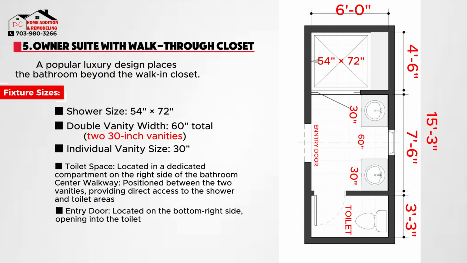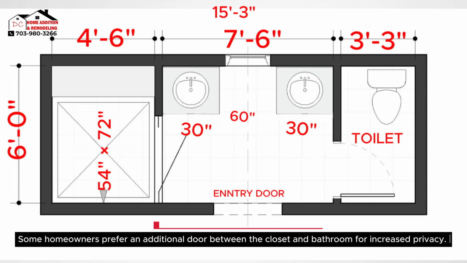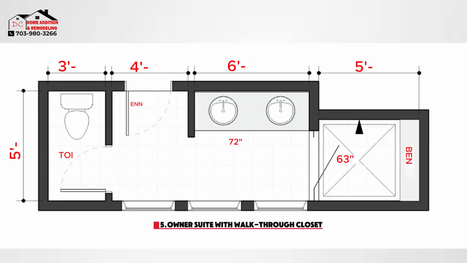Entry door located on the bottom right side, opening into the toilet compartment. Bathroom layout features a large shower, dual single sink vanities, and a separate toilet compartment. Some homeowners prefer an additional door between the closet and bathroom for increased privacy. Here's a slightly different layout of a similar bathroom.